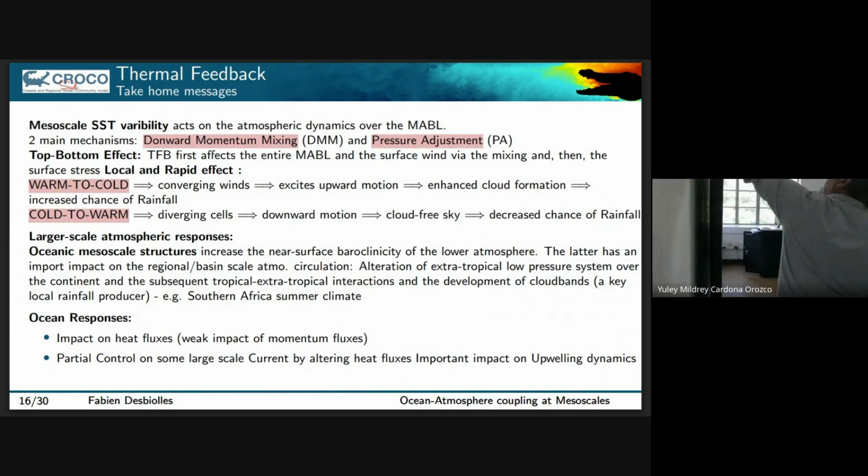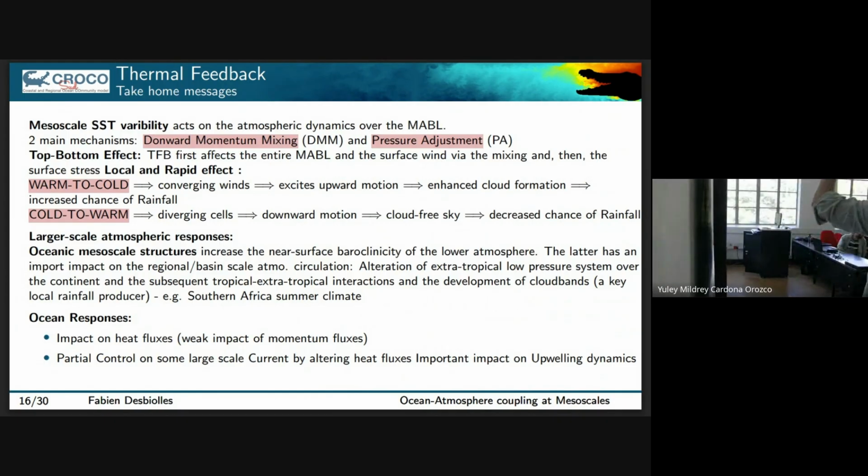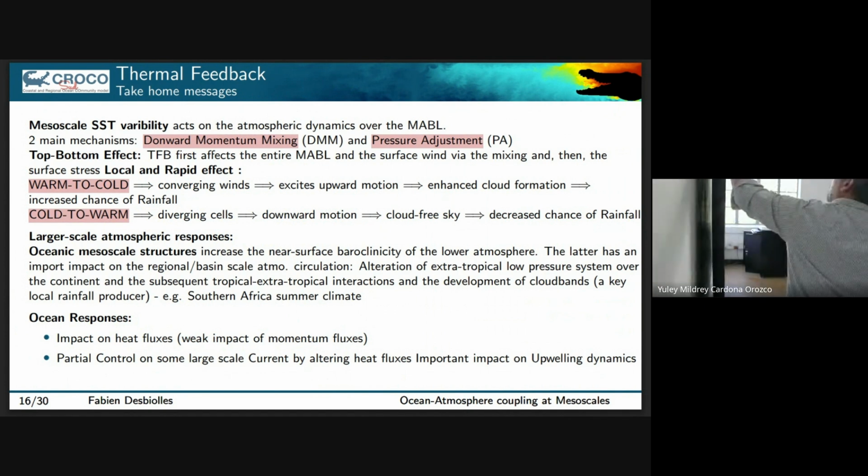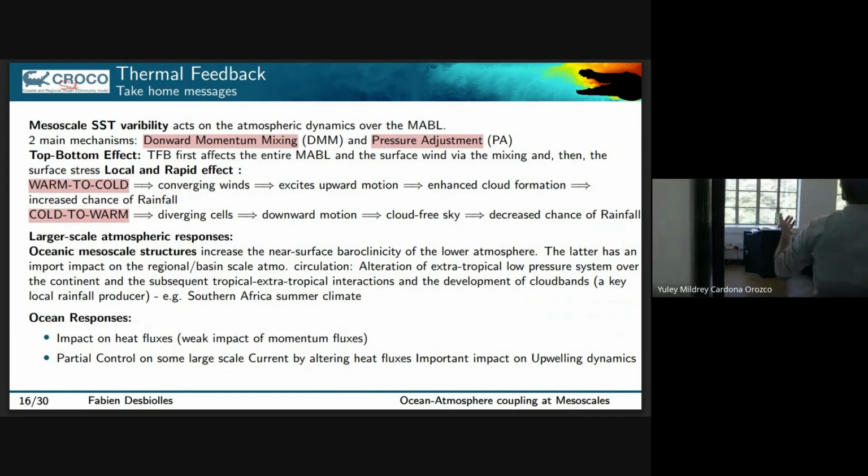This process acts on a larger scale atmospheric response. So we saw that for the Southern Africa summer climate, okay? And something that I didn't show, but there is also an ocean response, obviously, because here we impact the heat fluxes as we modify the wind, and the heat fluxes are also a function of the wind and the SST, right?